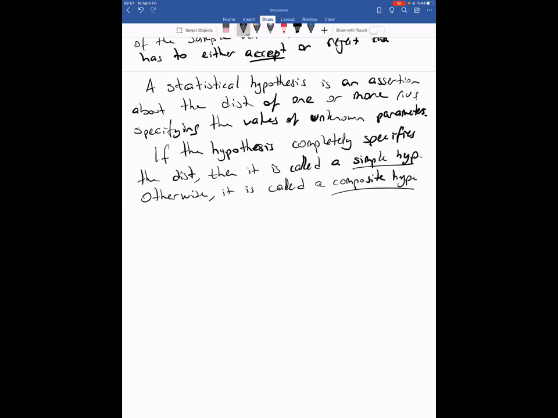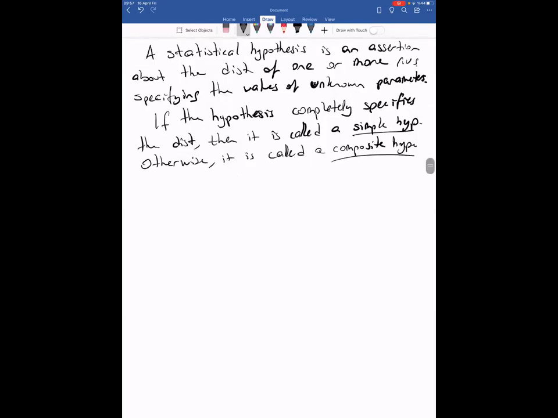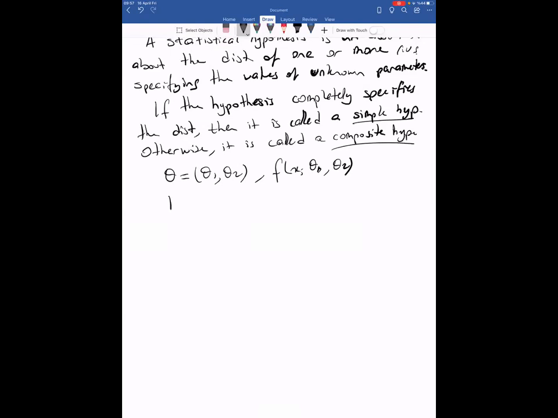What we mean is, let's say theta is a vector, so we have a distribution with two unknown parameters. If we state our hypothesis based on just theta 1 and say nothing about theta 2, for example theta 1 is 3 but theta 2 is unknown, so we don't know its value, then this is a composite hypothesis.